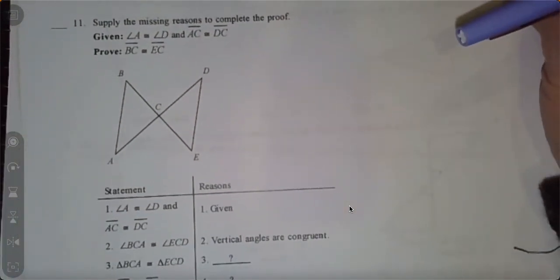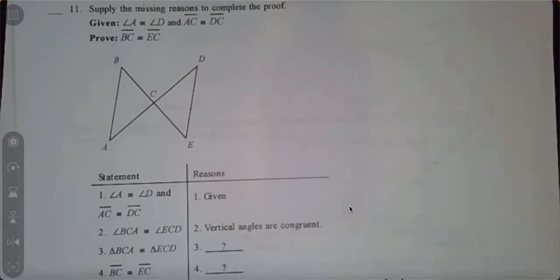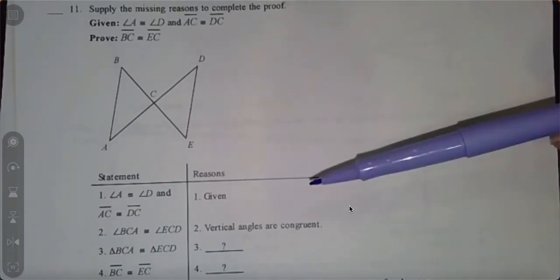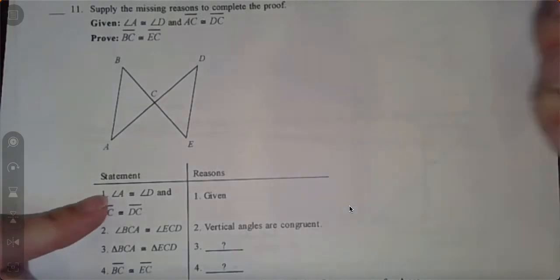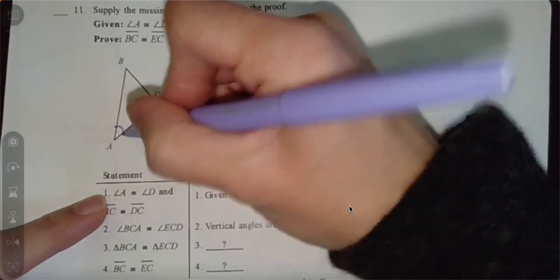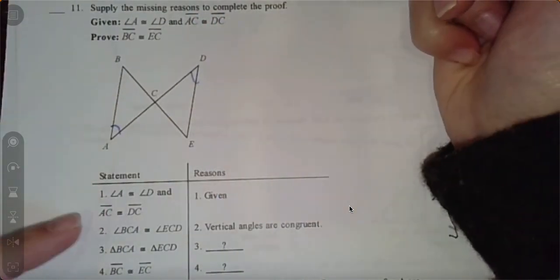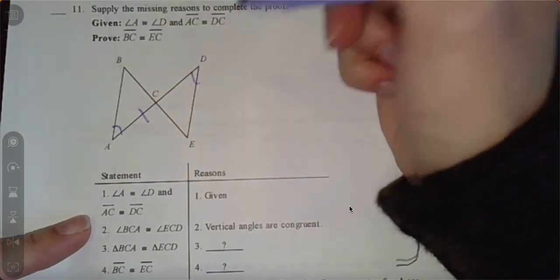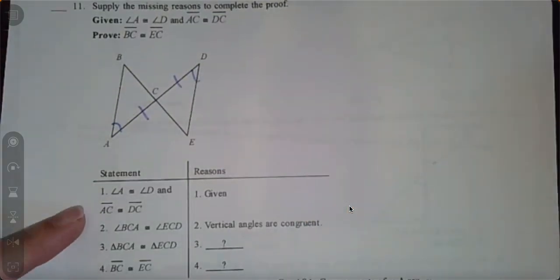Okay, what are the missing reasons to complete the proof? We have our given statements. If I were you, I would mark on my paper. So if I know A is congruent to D, and then I know AC is congruent to DC, that was given.